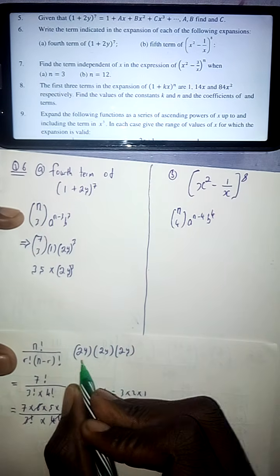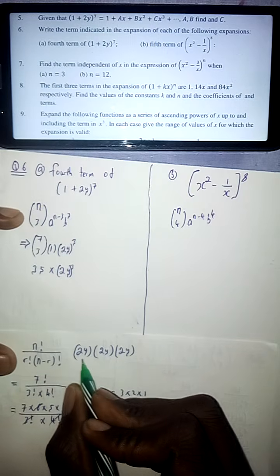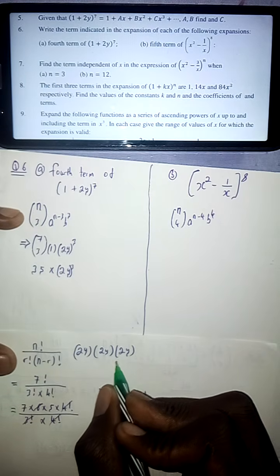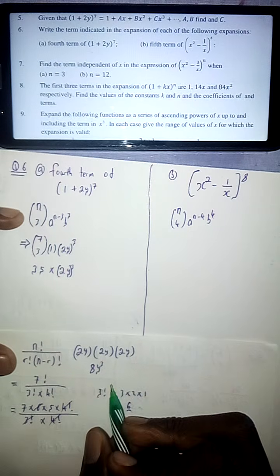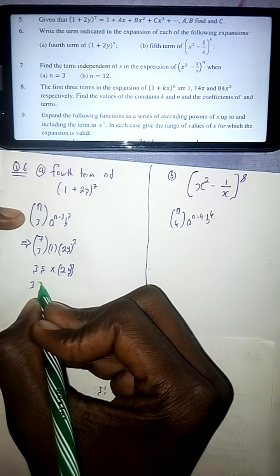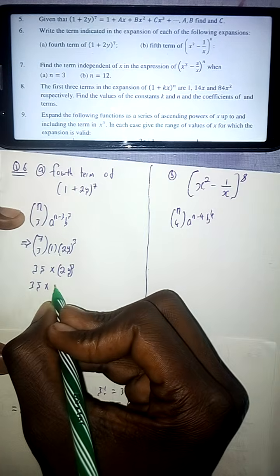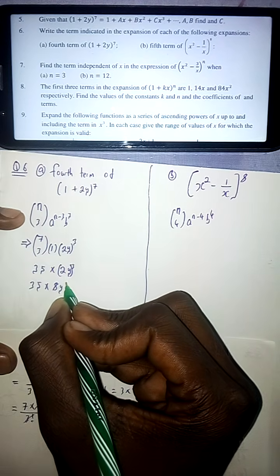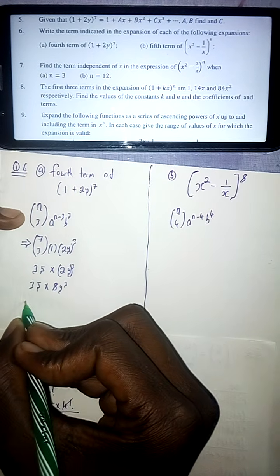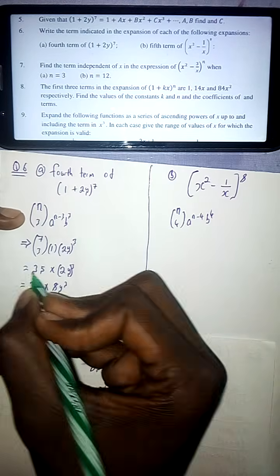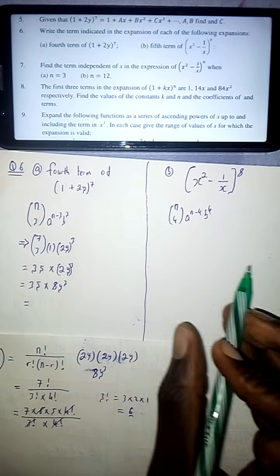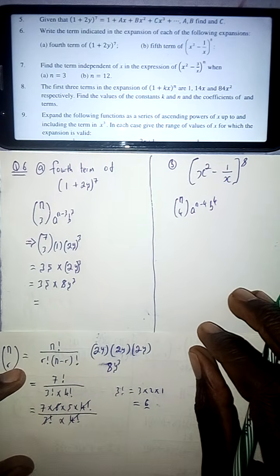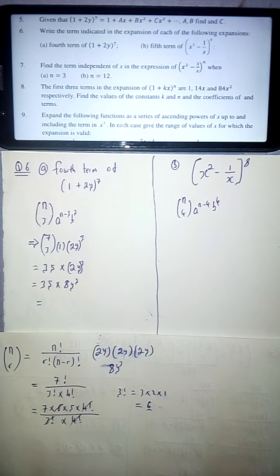So 2 by 2 is 4, 4 by 2 is 8, y cubed. So it will be 35 multiplied by 8y to the power 3. Hope we are together on that one, guys.